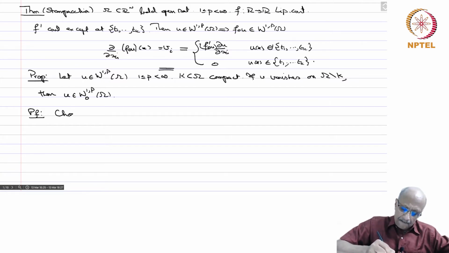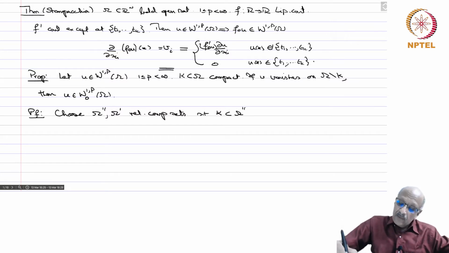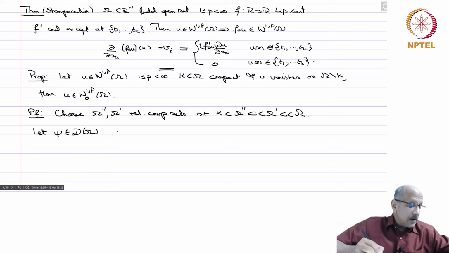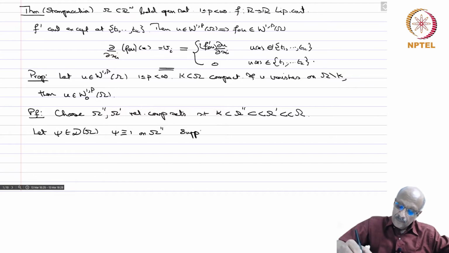So, choose Omega double prime and Omega prime relatively compact sets such that K is contained in Omega double prime, which is relatively compact in Omega prime, which is relatively compact in Omega, and let psi belong to D(Omega) such that psi is identically 1 on Omega double prime, in particular in a neighborhood of K, and support of psi contained in Omega prime.